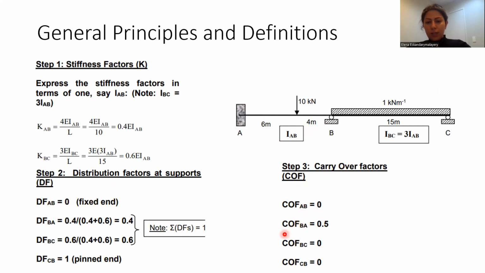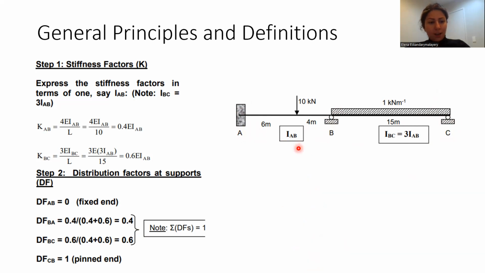And the carryover factor for BA, because the far end is fixed, is 0.5. And for BC, because the far end is a roller, is 0. And CB must be 0 as well.